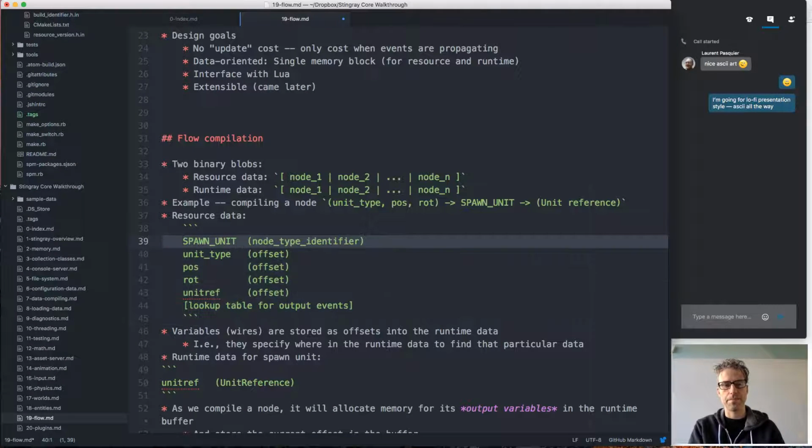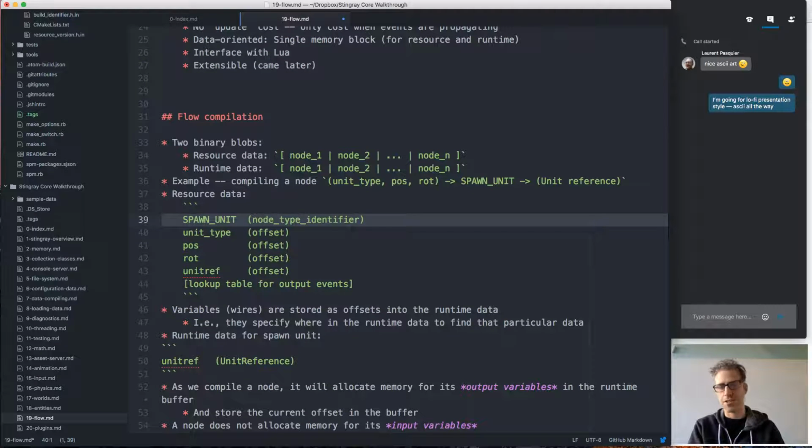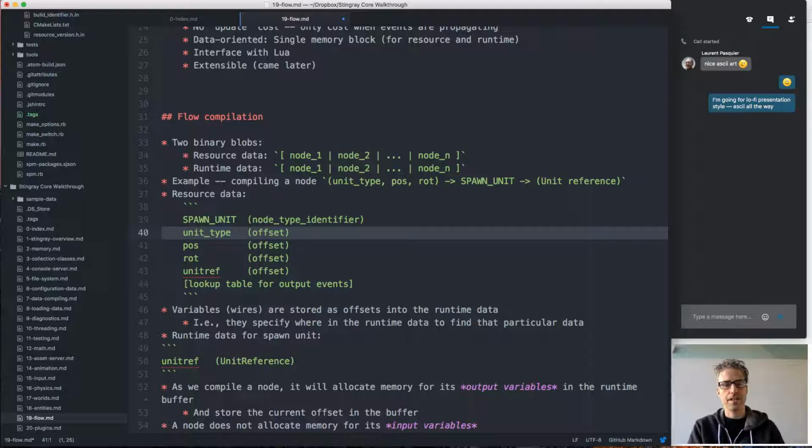We'll first have some identifier that identifies this node as a spawn unit node. It's actually just a hash of the name of the node. And then all the input parameters are stored. So the unit type, but it's stored as an offset.